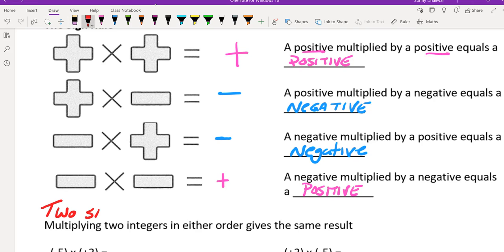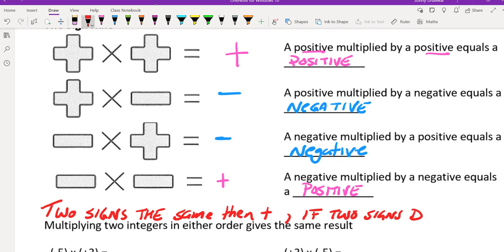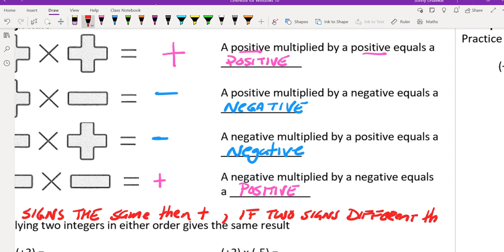Two signs the same, then plus. Two signs different, then negative.